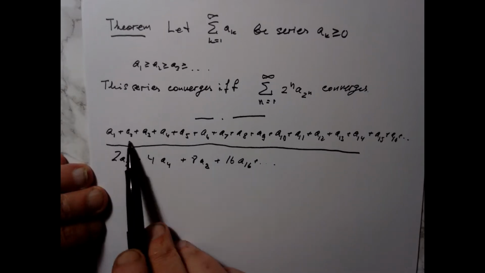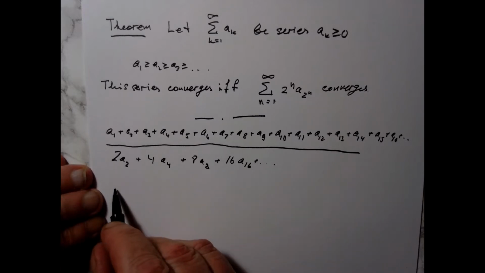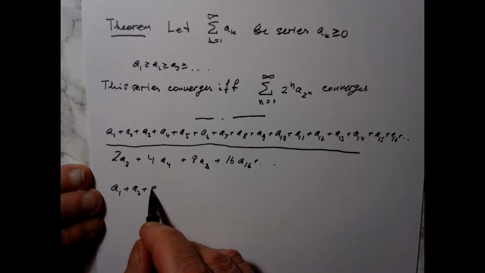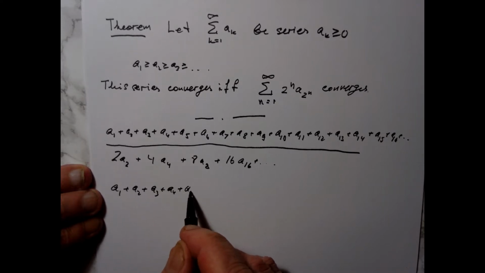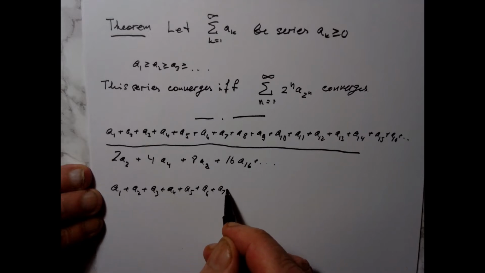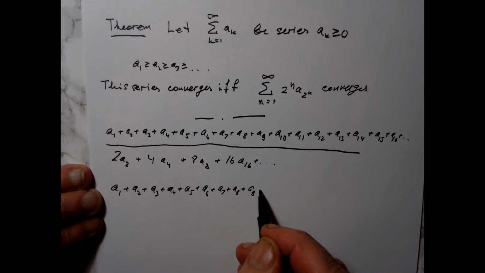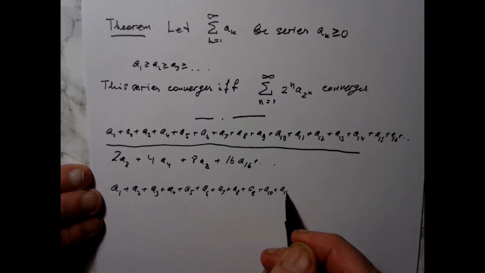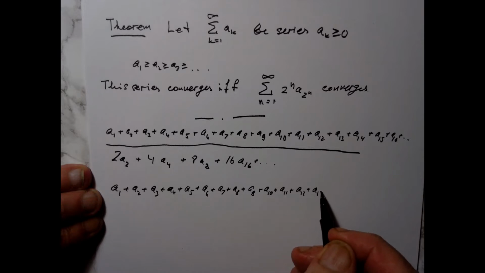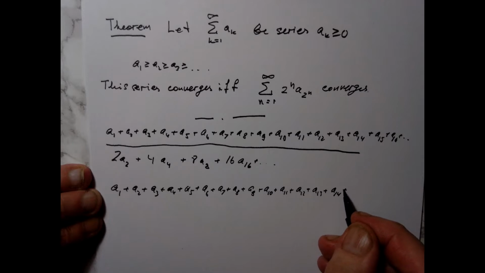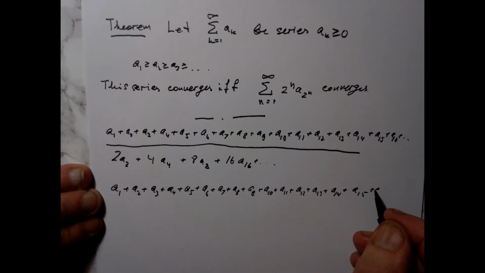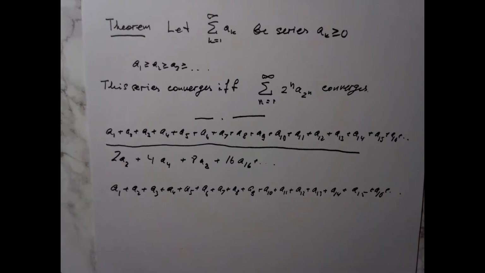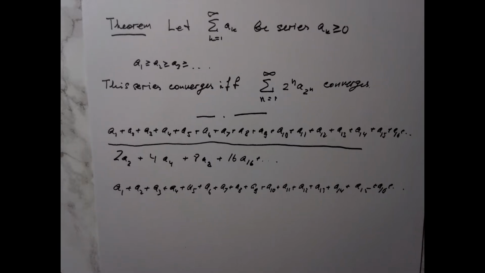So again, let's take these terms, a1 plus a2 plus a3 plus a4 plus a5 plus a6 plus a7 plus a8 plus a9 plus a10 plus a11 plus a12 plus a13 plus a14 plus a15 plus a16 plus etc. Next I'm going to put some brackets around it in a very particular way.